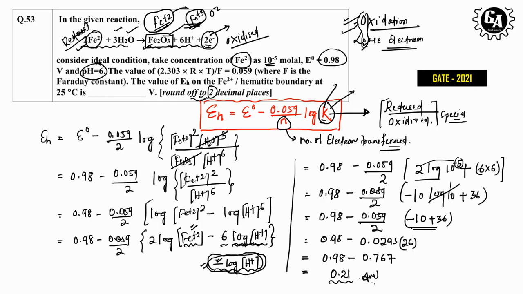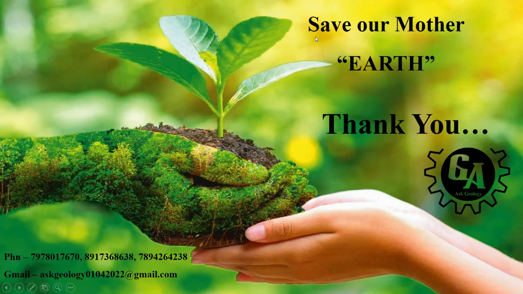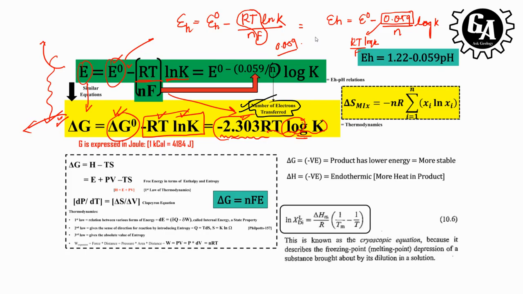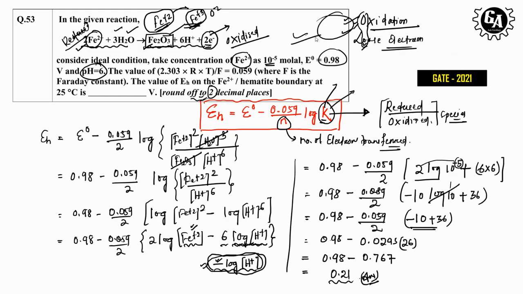This is our answer. Let us see. You can see this is our answer, 0.21. So I wish that this much clarification is sufficient. Remember, what is the goal here? I'm just writing down, because this type of question is more frequently asked in the GATE exam. Losing electron means that is oxidized.